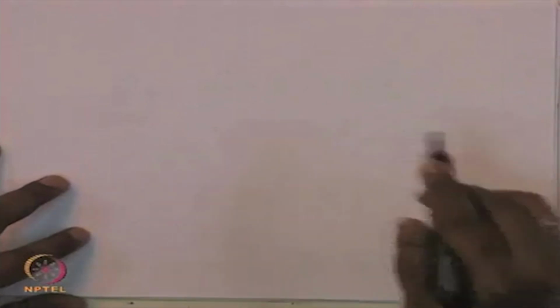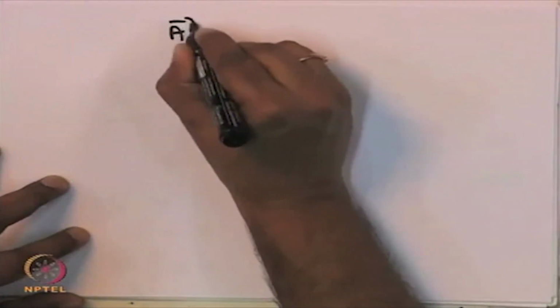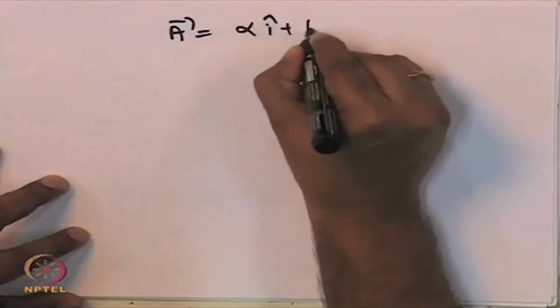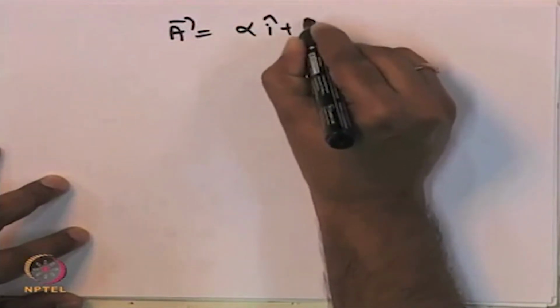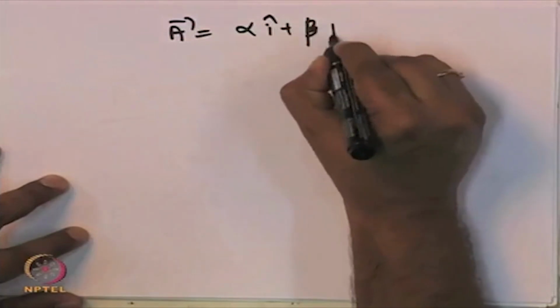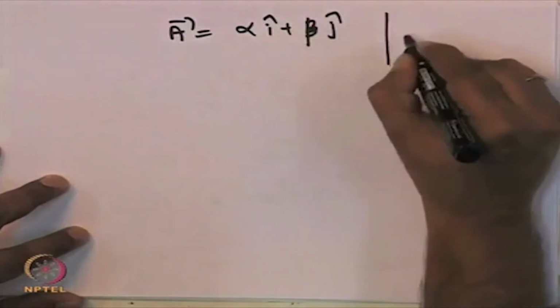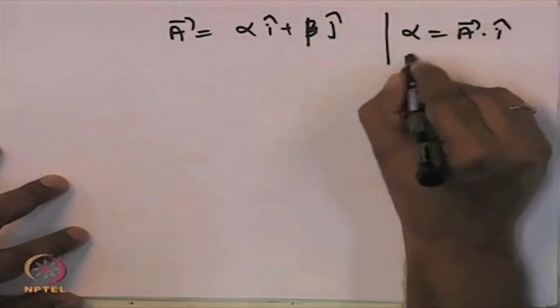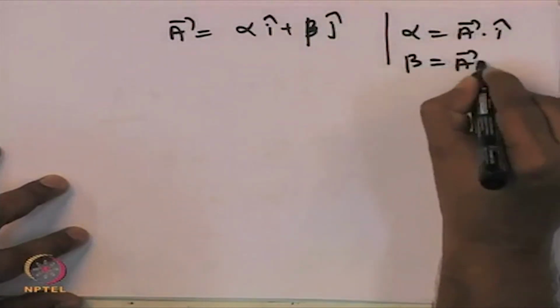Let us write a 2D vector for simplicity. Let me write A as alpha i plus beta j, and we know that alpha is A dot i and beta is A dot j.